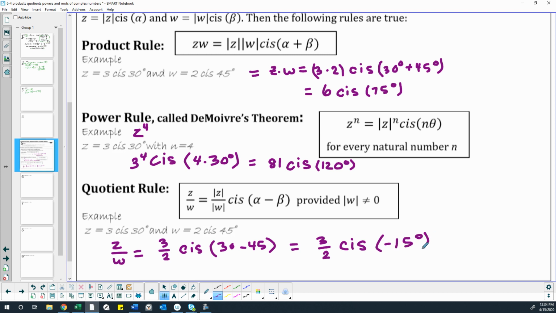And negative 15 degrees agrees with our rule that we're going between negative 180 and positive 180, which we learned last time. So here's a new complex number that came from dividing two other complex numbers.